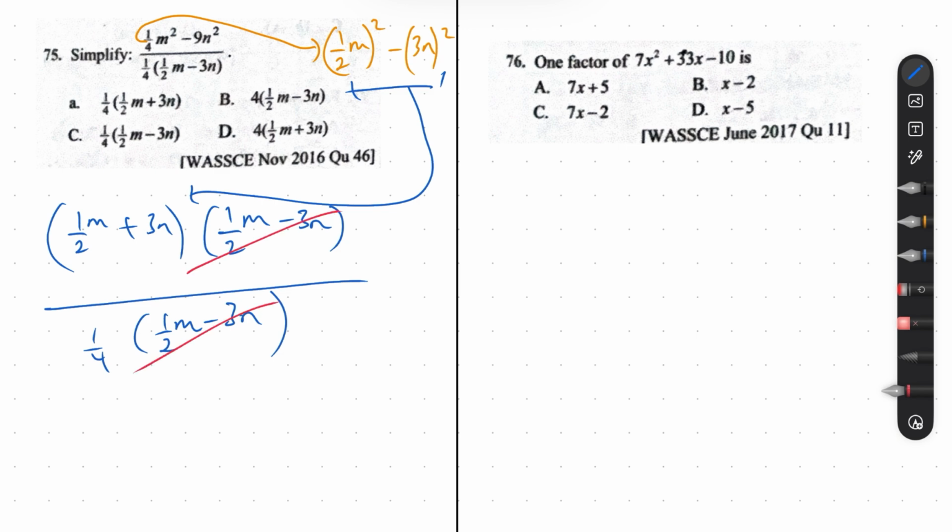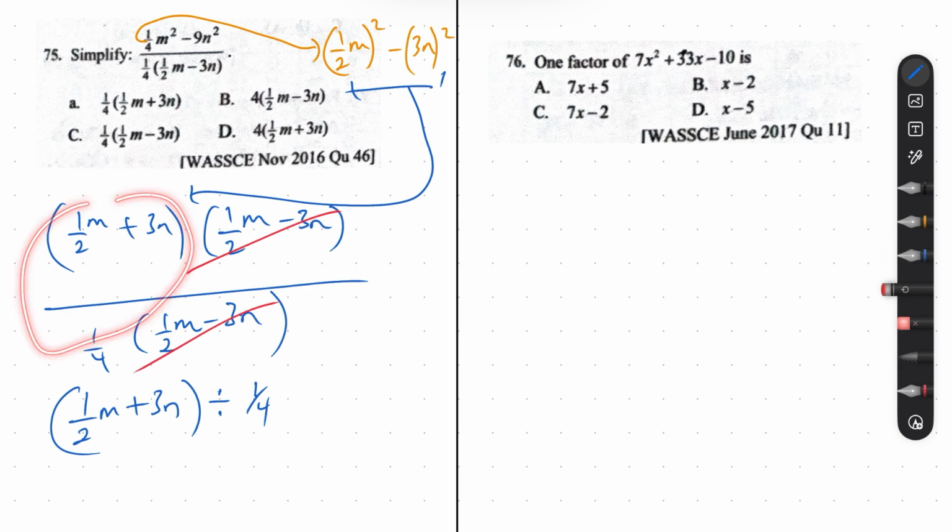We're left with 1 over 2m plus 3n divided by 1 over 4. I've just written this as a division. But we know that we can change division into multiplication, right? So let's do it.